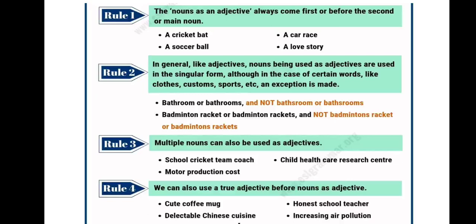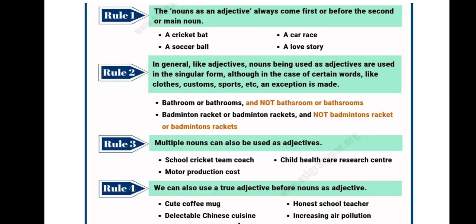Two nouns coming together: bathroom. We never say it in the plural sense. The first noun will always remain singular.